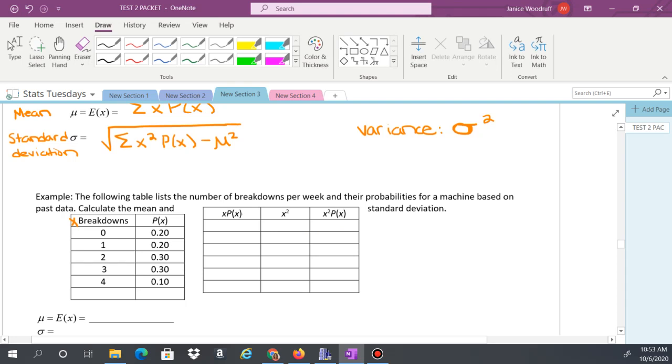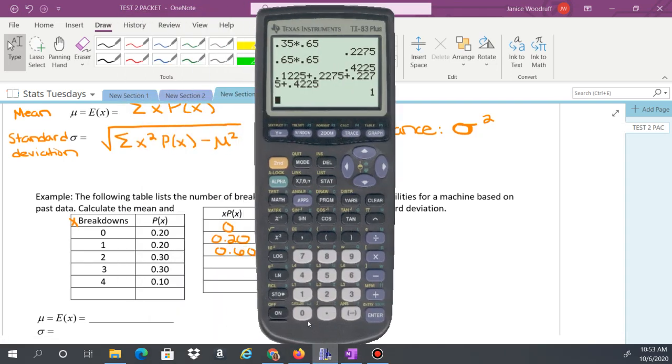So X times P of X is just this column times this column. So 0 times 0.2 is 0. 1 times 0.2 is 0.2. 2 times 0.3 is 0.6. 3 times 0.30, hold on a second, I've got something whited out on here. I think there might be a typo. Find the sum of P of X. Let's make sure that's right.